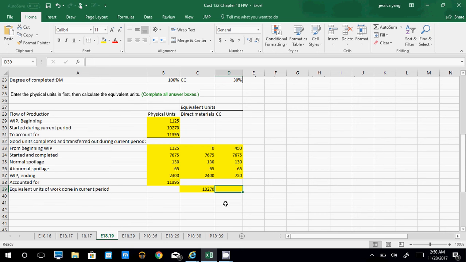To find the equivalent units of work done in the current period, we sum up beginning work in process of 450, plus started and completed of 7,675 units, plus normal spoilage of 130 units, plus abnormal spoilage of 65 units, plus work in process ending of 720 units to get a total of 9,040 units for equivalent units of conversion cost.